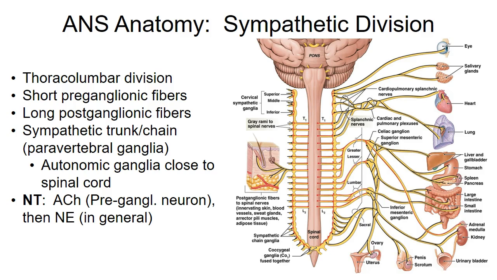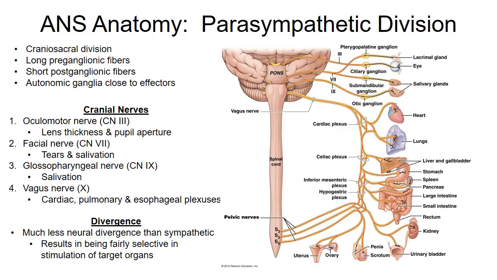Epinephrine, norepinephrine. Parasympathetic, do we see epinephrine, norepinephrine released? No. So there, we're only seeing which neurotransmitter being released for the parasympathetic? Acetylcholine, right?